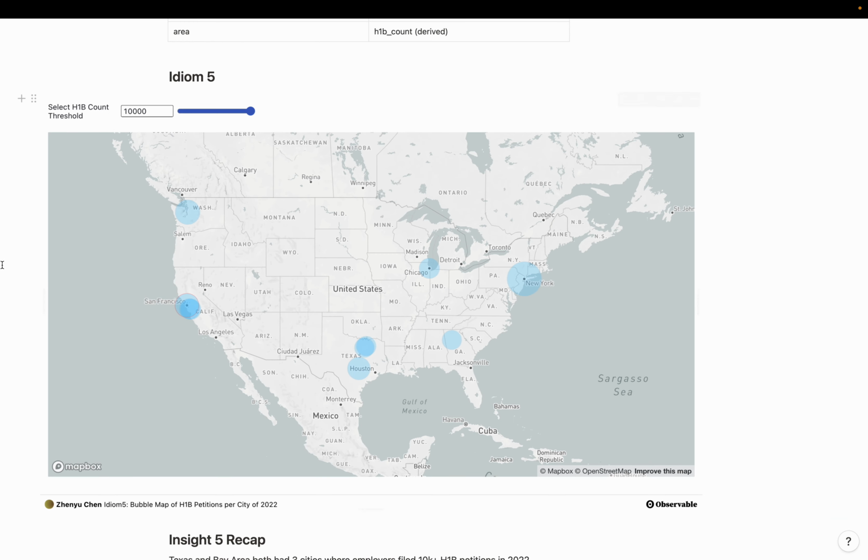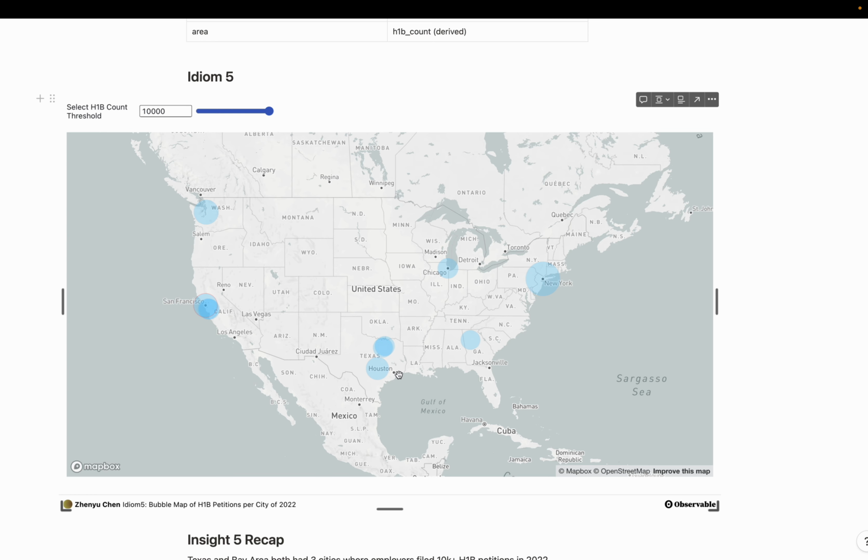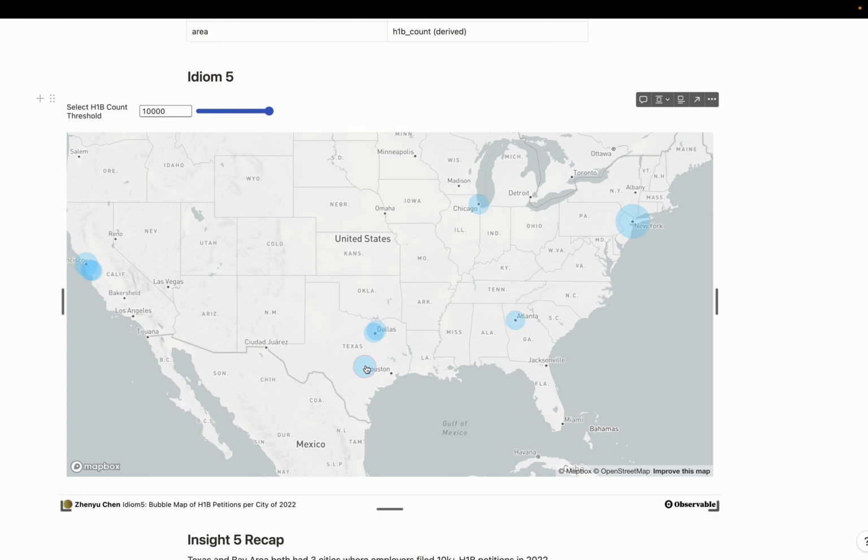And I might consider moving to Texas, and I want to see if Texas also has this kind of tech work or H1B work hotspot, right? And we can see here Texas also has 3 cities where the employers filed over 10,000 H1B petitions in each city.